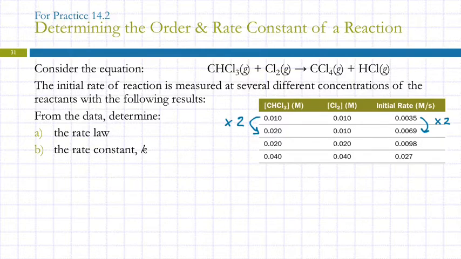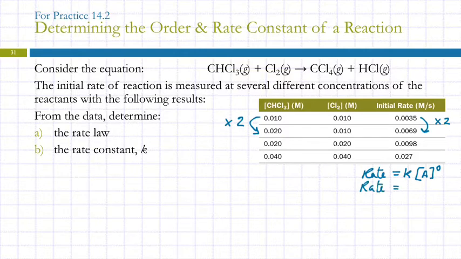So if we double the concentration and the rate doubles, what's the order with respect to CHCl3? First order. A first order reaction is directly proportional to the concentration. So let's just remind ourselves. For zero order, the rate is proportional to the concentration to the zero power.